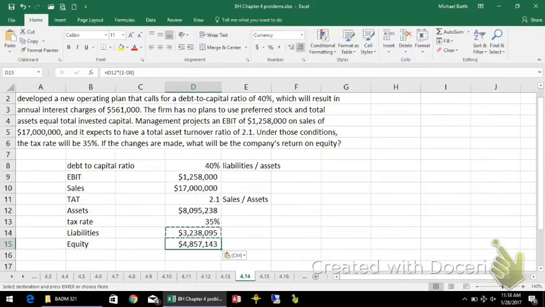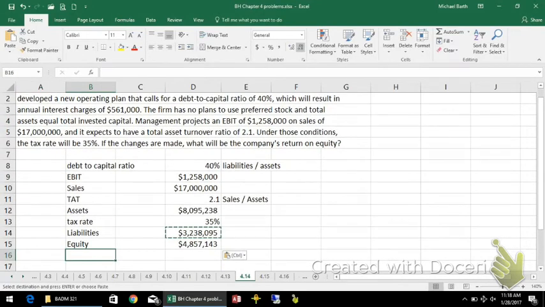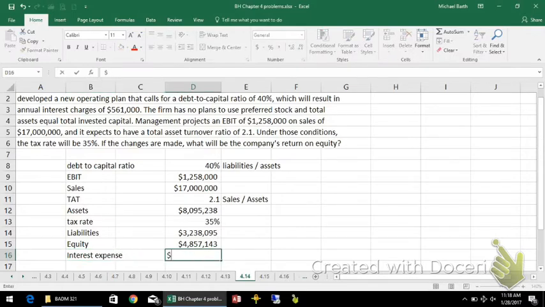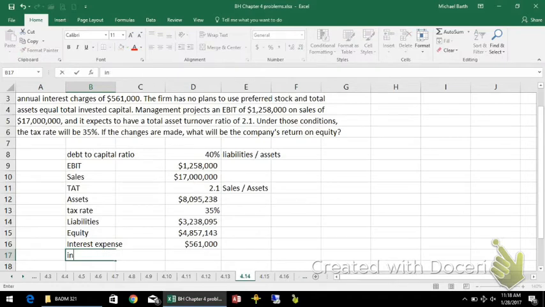All right, and the problem had also told me that the annual interest charges are $561,000. The interest expense is $561,000. By the way, you can calculate the average interest rate.